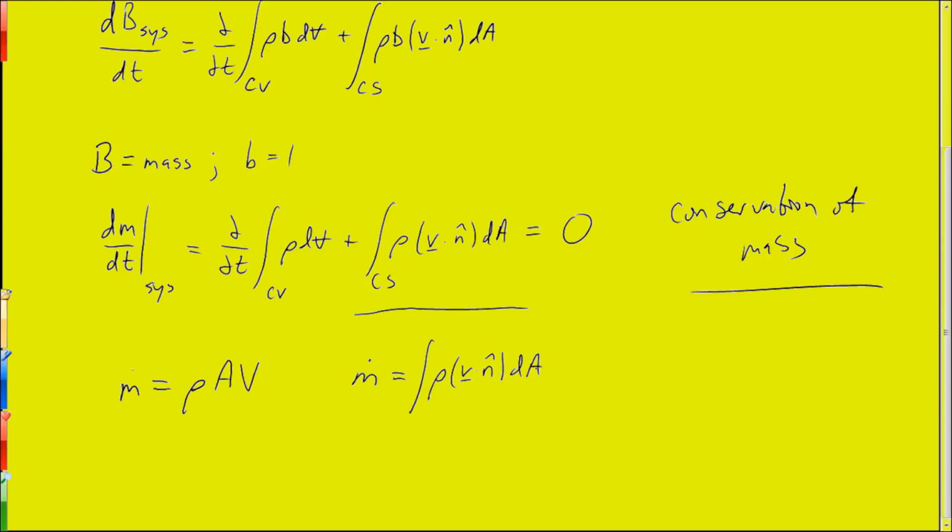If it turns out that the density is constant across that cross section, then we can take the density outside, and we can define what we call the average velocity, which is just going to be equal to this integral over A of rho v dotted with n hat dA over the density times the area.